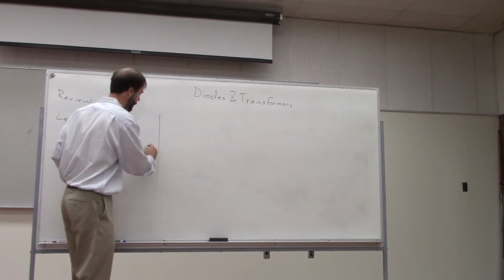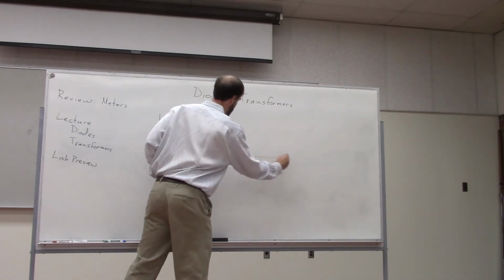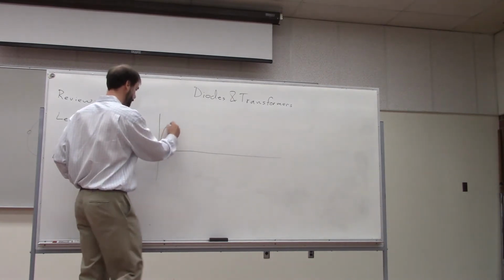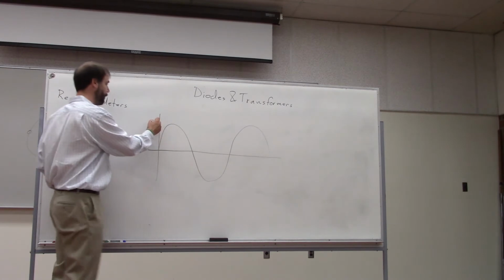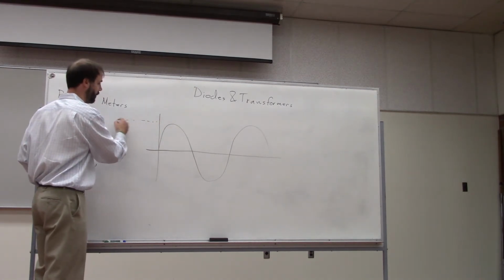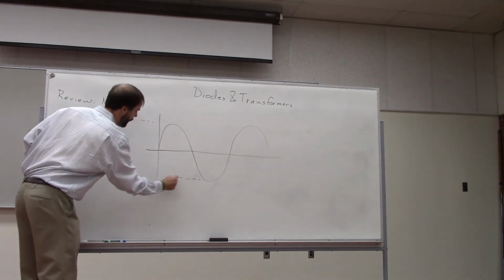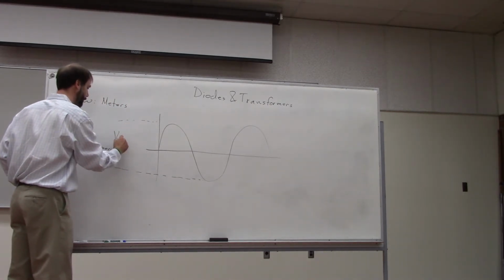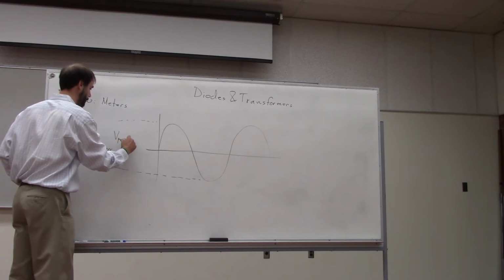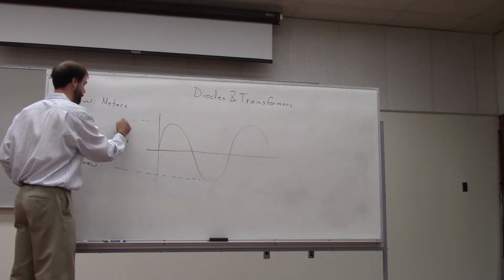If you had a sine wave like this, then your peak-to-peak voltage would be the voltage from the very top of your wave to the bottom. So that's sometimes abbreviated VPK-PK, right? Peak-to-peak voltage.